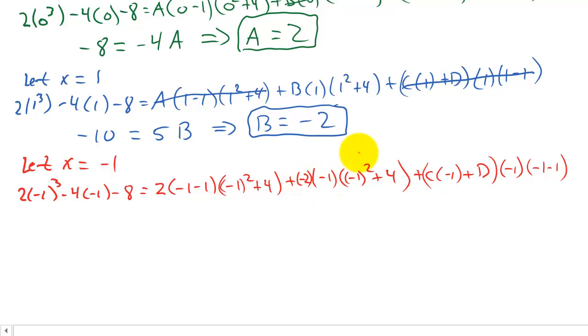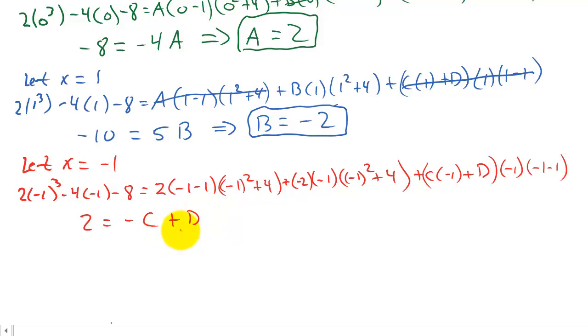Let me redo that. So that's plus, and that's going to be negative 2 times negative 1. Okay, so I just replaced the B with negative 2 and the A with 2. And so once I do my arithmetic here, that's going to give me 2 equals negative C plus D.